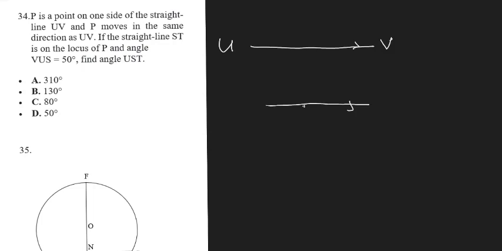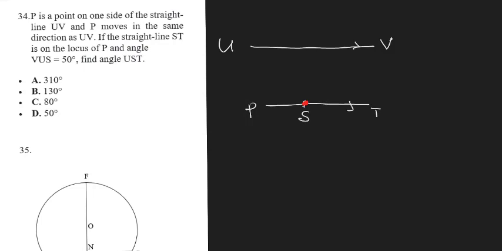If the straight line ST is on the locus of P, so let's assume this is the locus here. Let's make this one S, and this one will be ST, right? If the line ST is on the locus of P, as we have said, this is P, and angle UVS is 50 degrees.